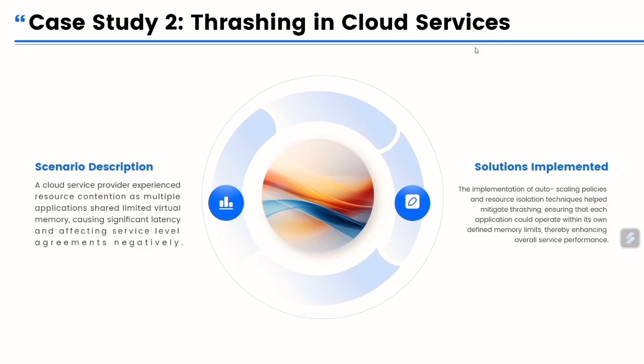Solutions implemented: the implementation of auto-scaling policies and resource isolation techniques helped mitigate thrashing, ensuring that each application could operate within its own defined memory limits, thereby enhancing overall service performance.